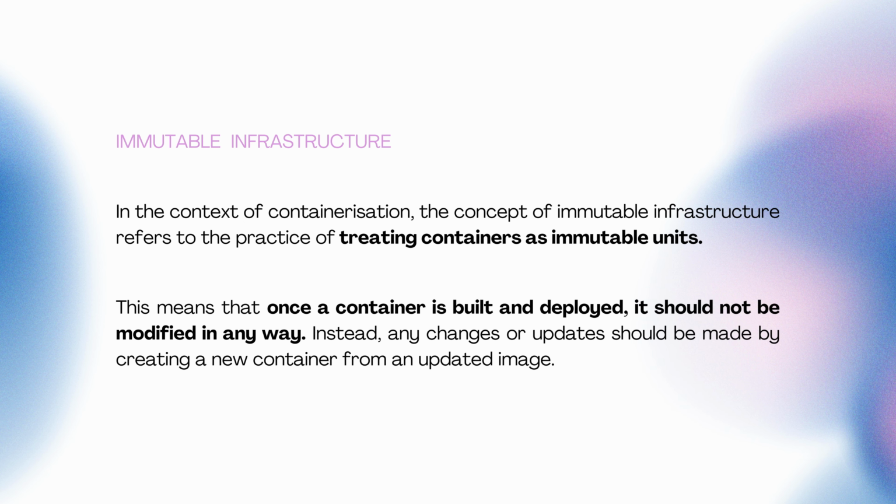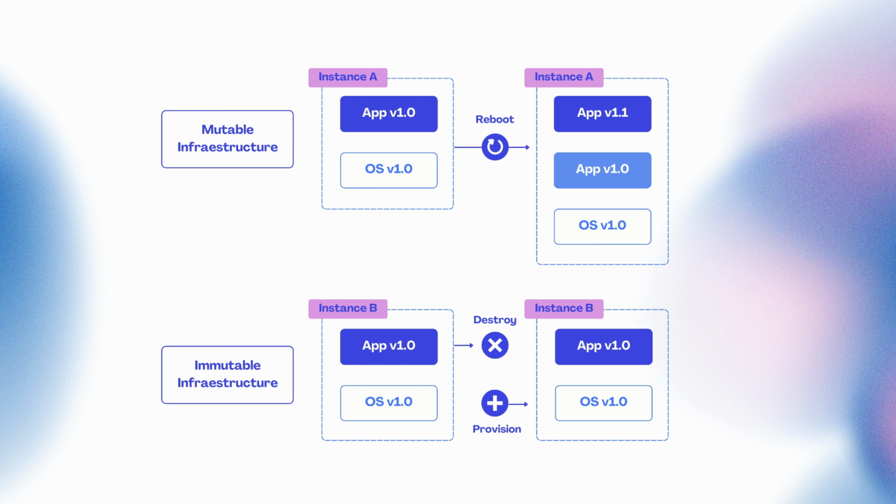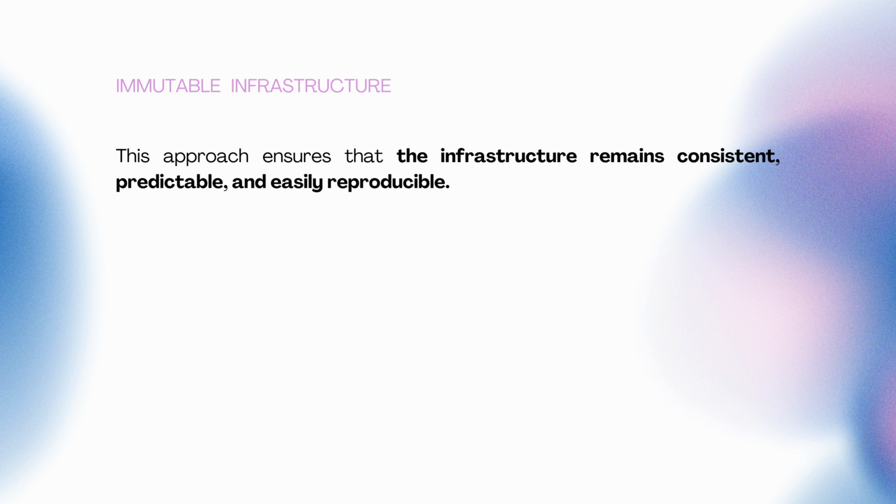This means that once a container is built and deployed, it should not be modified in any way. Instead, any changes or updates should be made by creating a new container from an updated image. This approach ensures that the infrastructure remains consistent, predictable, and easily reproducible.